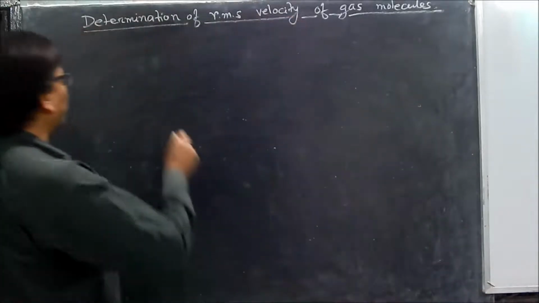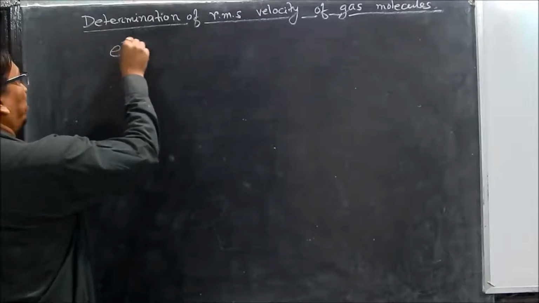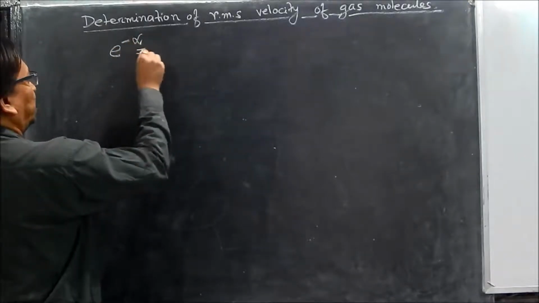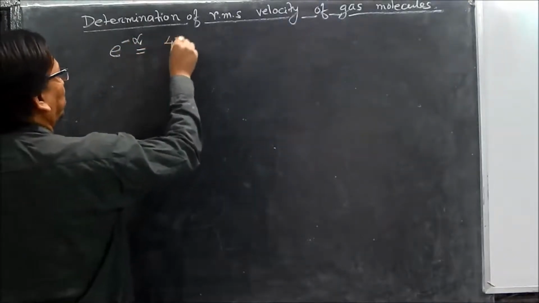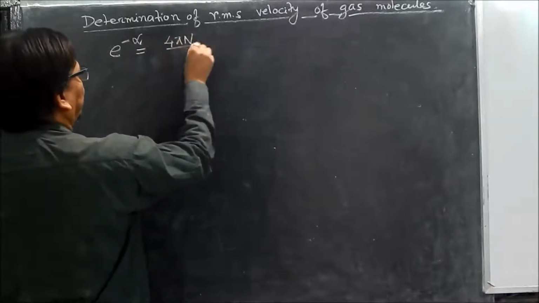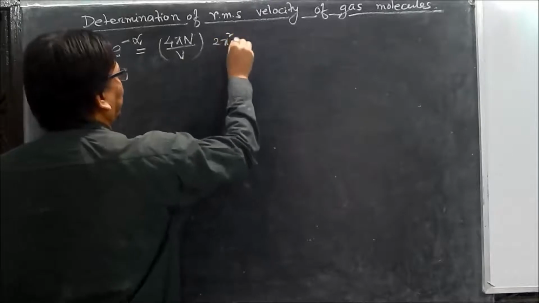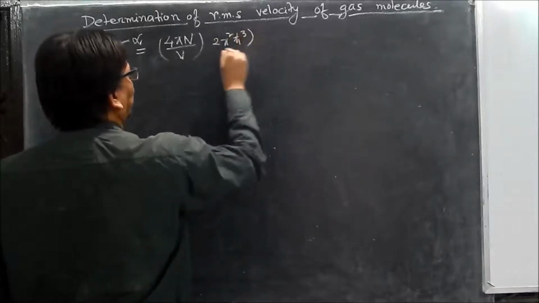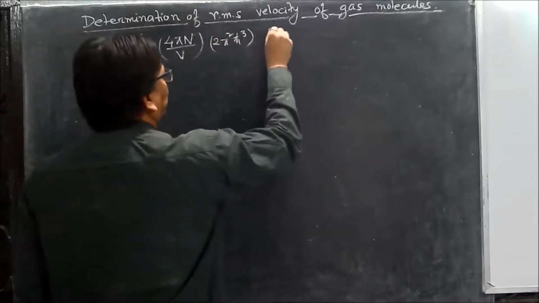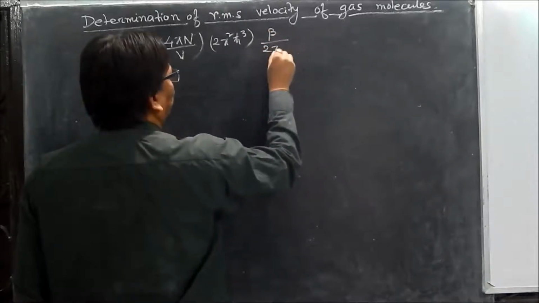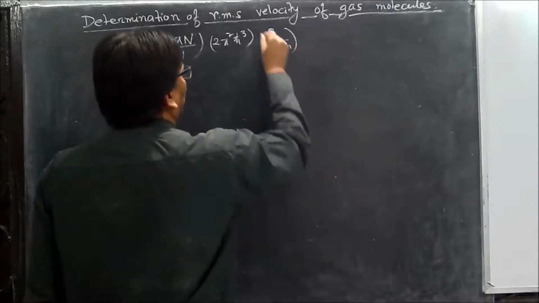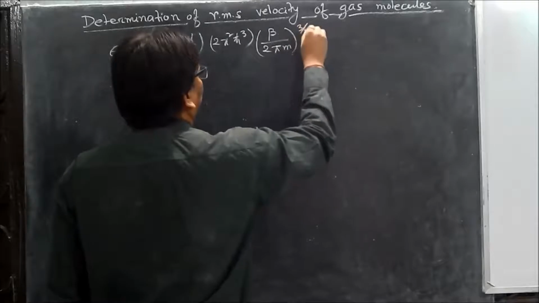So first of all, we have derived the value of e to the power minus alpha, and that is equal to 4 pi n by v into (2 pi square h hat cube and beta by 2 pi n) whole to the power 3 by 2.